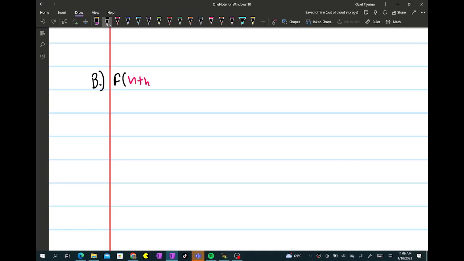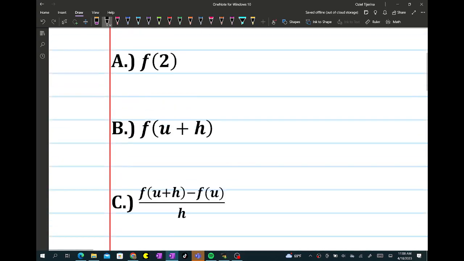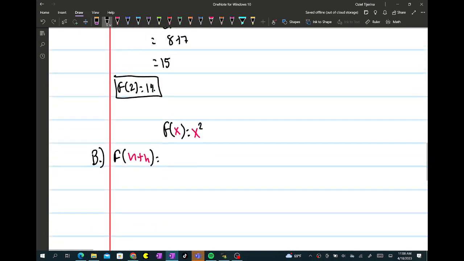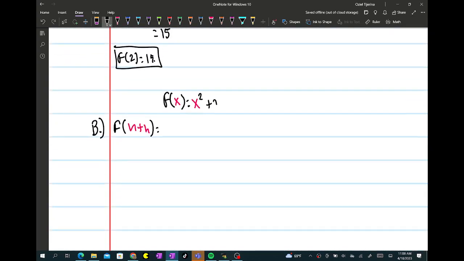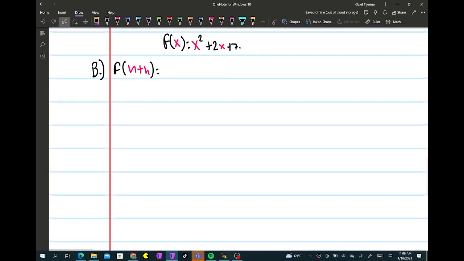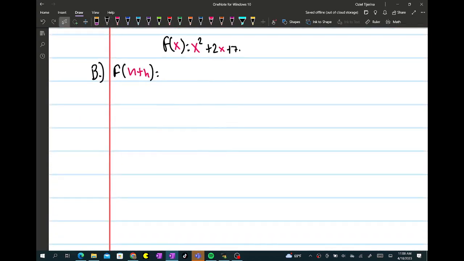We know again that f of x, and I'm going to write it this way, is going to be x squared plus 2x plus 7. And so again, my goal here is we need to plug this in for x.